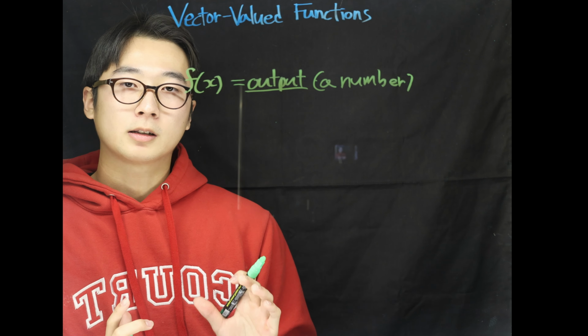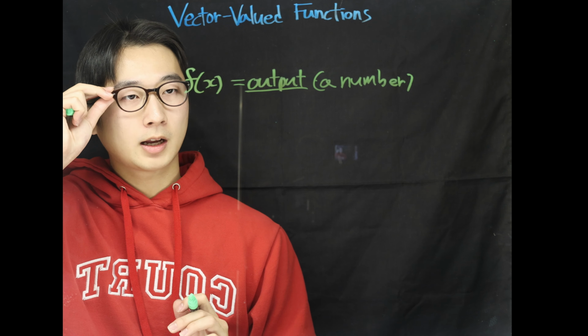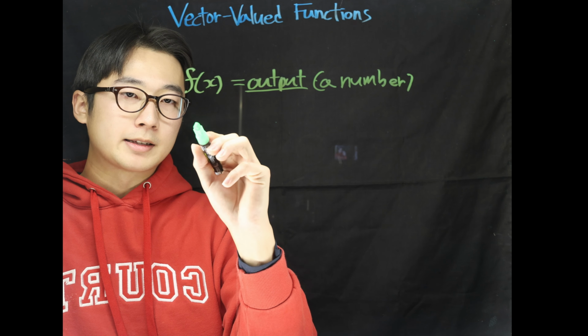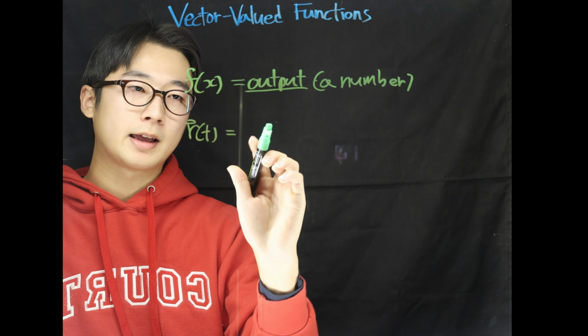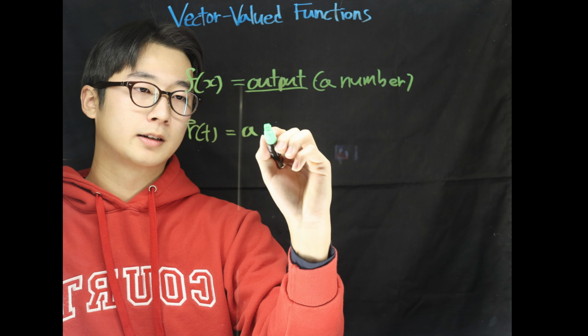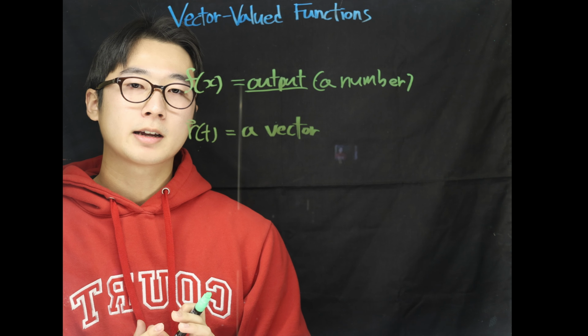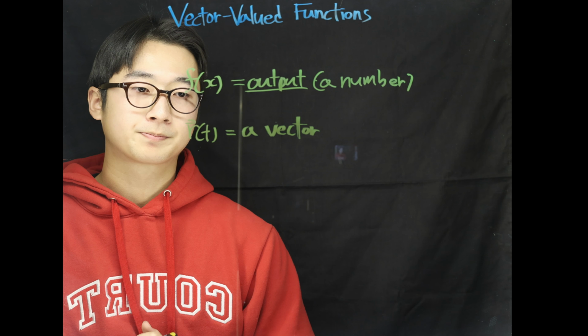However, in multivariable calculus, when it comes to vector-valued functions, we usually write it as r of t, and this is a vector. So instead of assigning a number to each input, we assign a vector.